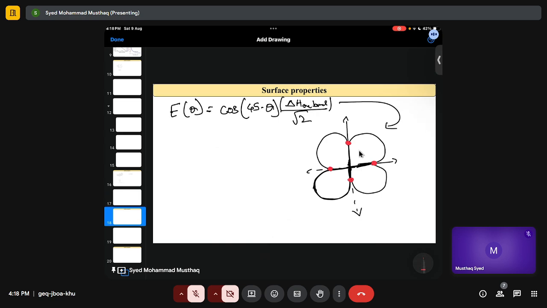Okay. Now, if I draw a tangent here, this is my tangent, and the same goes here. This is my tangent for this point. This is a tangent.